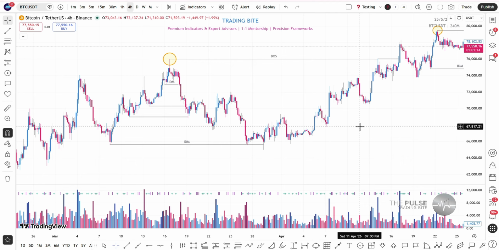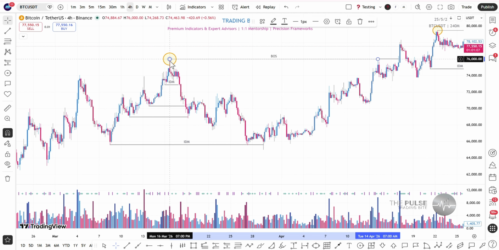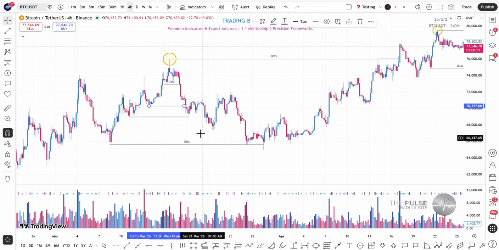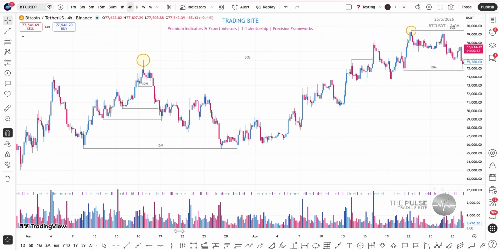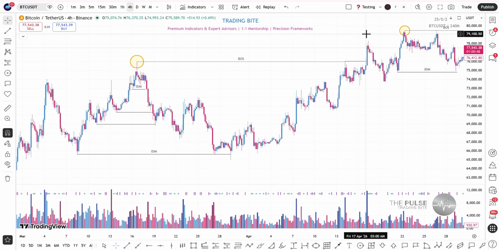How did it become a valid swing? When this is our reference point and a candle closes below our inducement, it also closes below here, and it also closes below here. So this is our valid breakout structure and this is our valid swing point. Now this is our new swing right here.